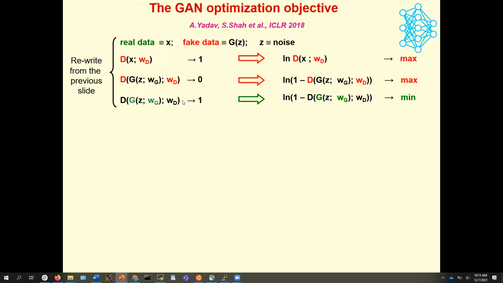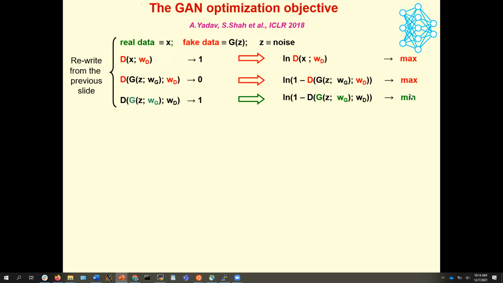And the last relationship is equivalent to minimizing the logarithm of 1 minus whatever is produced by the discriminator and generator. In this relationship, I show in color those weights that are adjusted at the step of maximization or minimization, and those weights that are not trained are shown in black color.